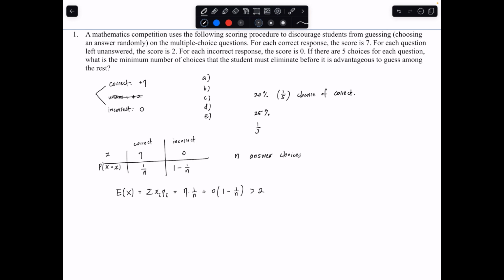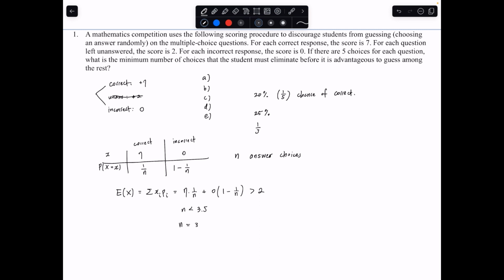When we solve for n, we get n is less than 3.5, and these are discrete variables, so we should be left with n equals 3 choices in order for our guessing to be more advantageous than leaving the question unanswered.